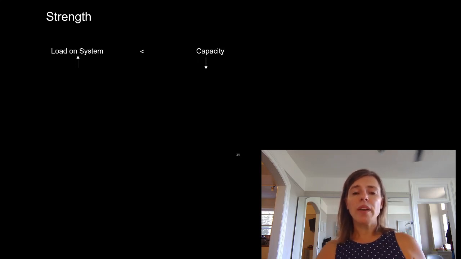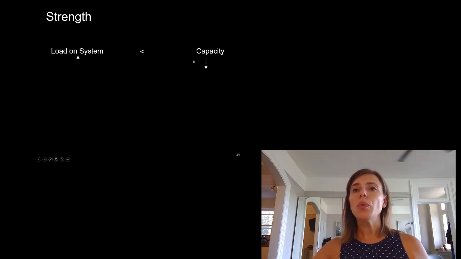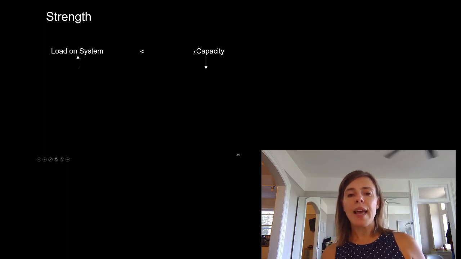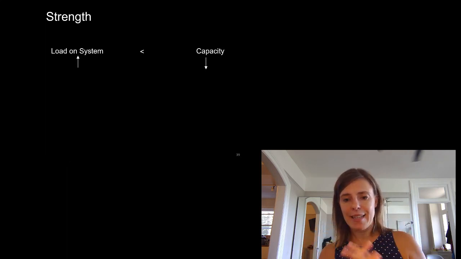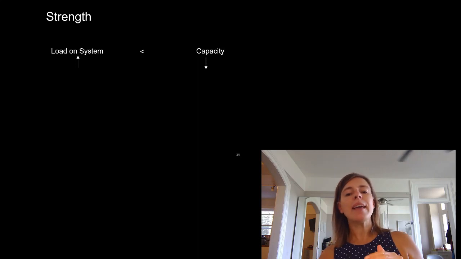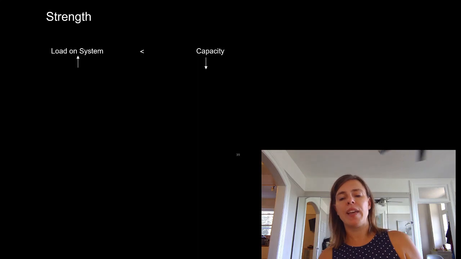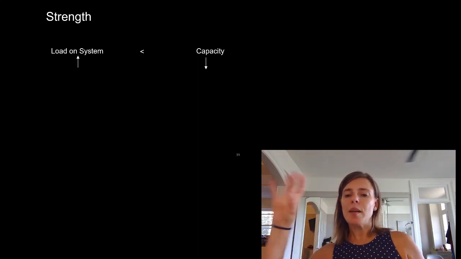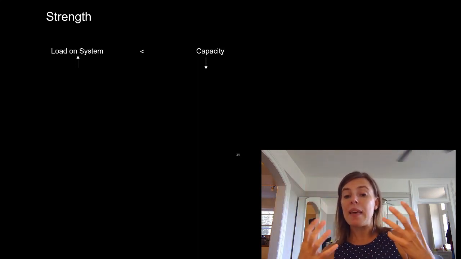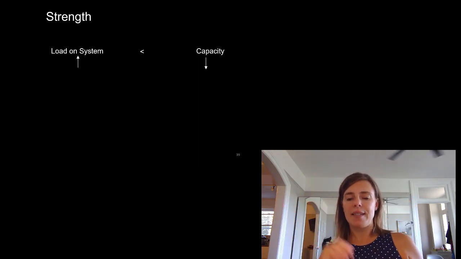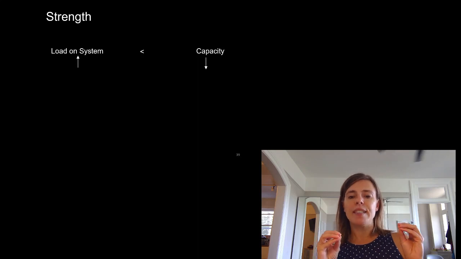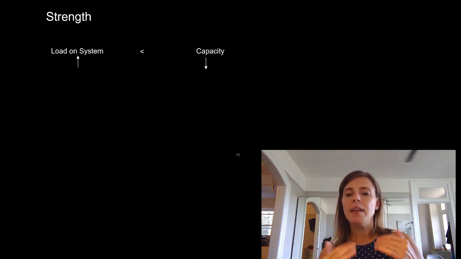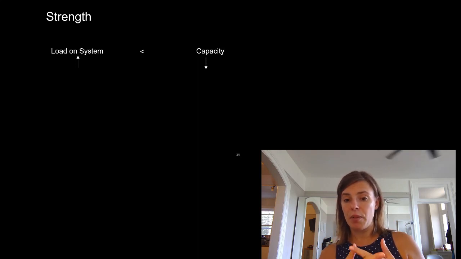And then what we're going to do is we're also going to reduce the capacity. We're going to figure out what capacity that thing has, and then we're going to say it's not actually that strong. So instead of just doing all of the modification on the load side, we do some of the modification, or the being conservative, on the capacity side. And what's really nice about that is that it lets us have different reductions in capacity depending on the material. Because some materials, we understand how they behave really, really well.